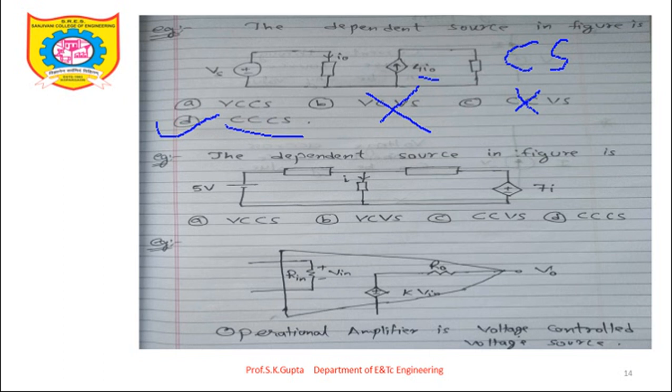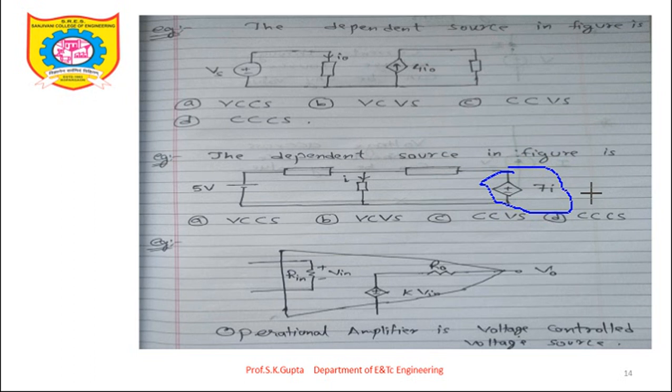Okay, now next one: the dependent source shown in the figure is? Here is our dependent source. Diamond means dependent source. Inside the diamond plus minus is written, that means it is a voltage source. So options B and C satisfy that it is a voltage source, and options A and D are eliminated.